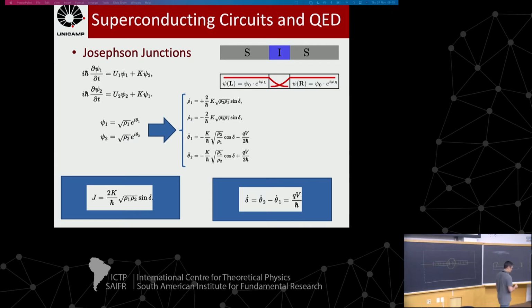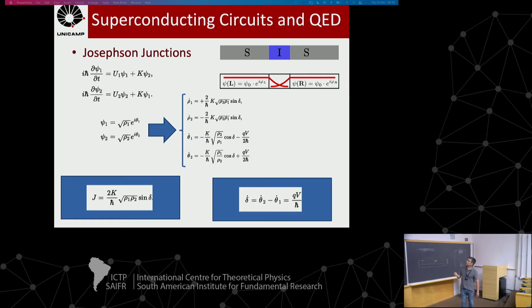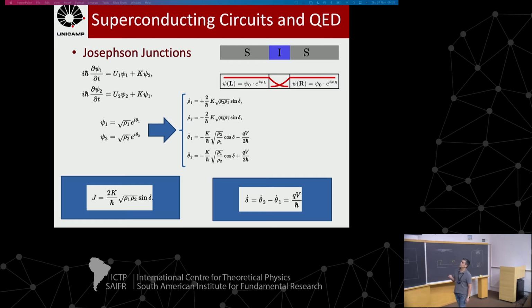Basically, you think that the wave function on this side has a part of it on the other side of the barrier. And the same thing here: you have the wave function of the right side, and a small part of it is in the left side. Then you write the equations describing the wave function on both sides.